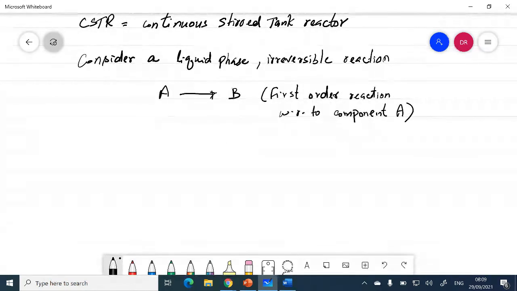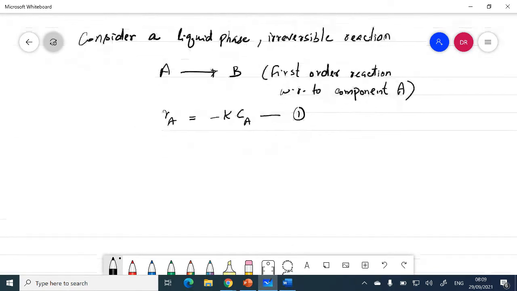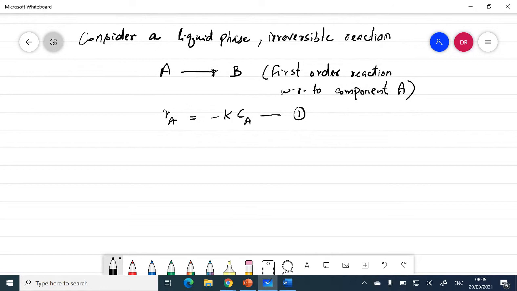If we have to write the rate of reaction for this reaction, how can we write it? This will be r_A equal to minus k C_A. This is our equation number 1. What is r_A in this equation? r_A is the rate of reaction of component A, per unit volume.